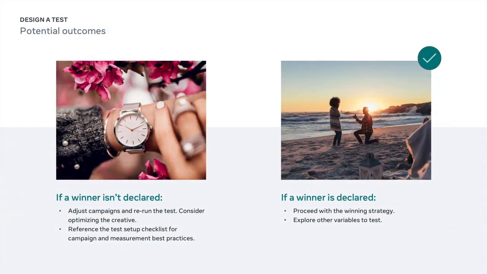Be prepared for 2 possible outcomes of the test. If the test doesn't declare a winner, evaluate your campaigns and decide if you should run the test again. Ask yourself, did you follow the best practices in the test setup checklist? If the test does declare a winner, implement the winning strategy and consider what else you'd like to test.